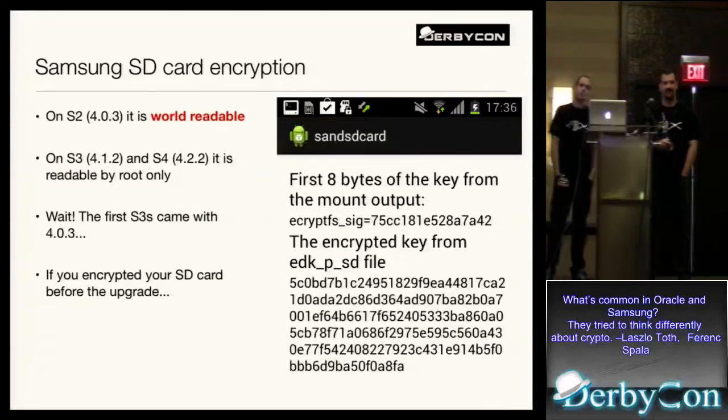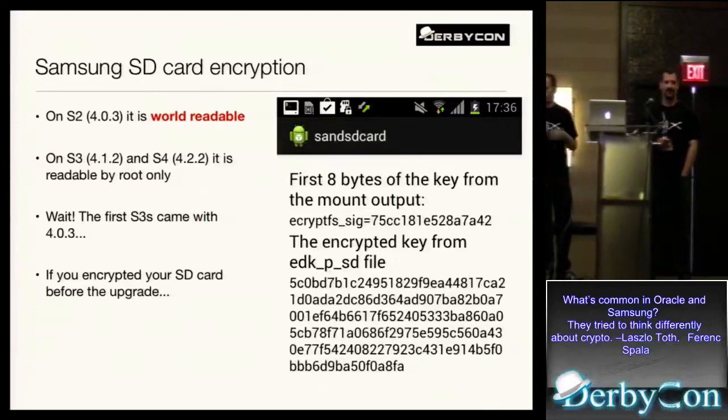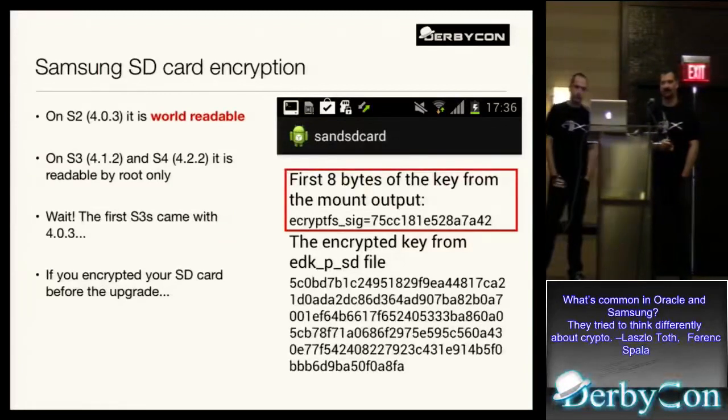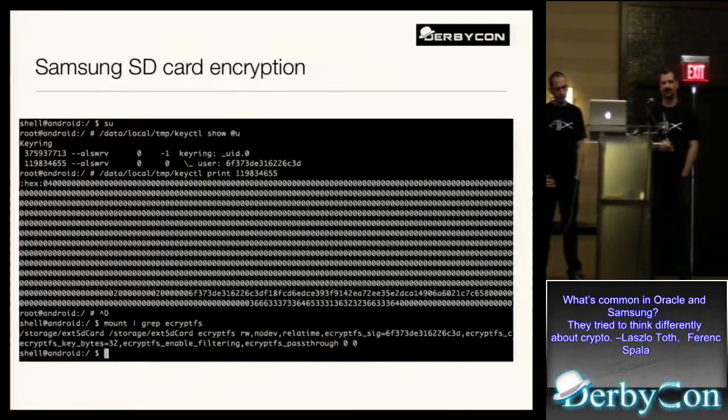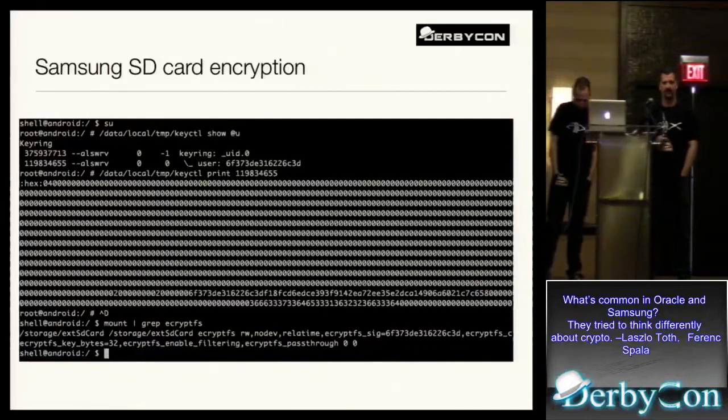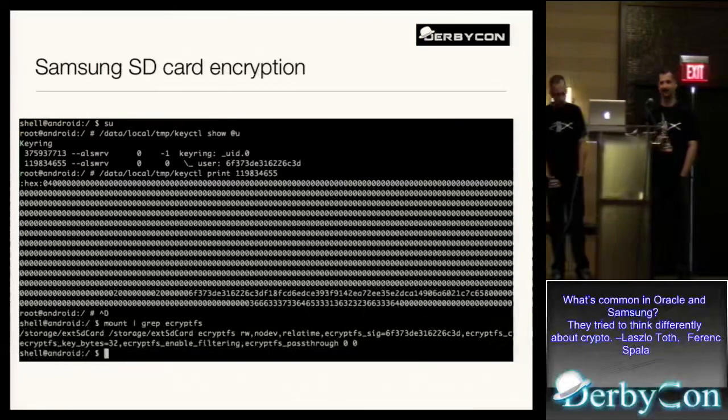On the right side, you can see a screenshot from a zero-privilege shell that shows the encrypted disk key from the file. And the first 8 bytes need more explanation. eCryptfs uses keyrings, and you can manipulate the keyrings with the keyctl command on Linux.